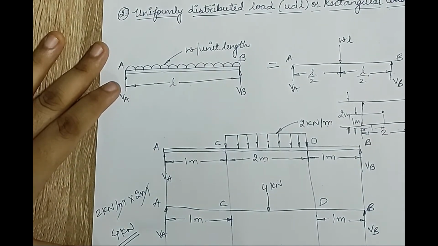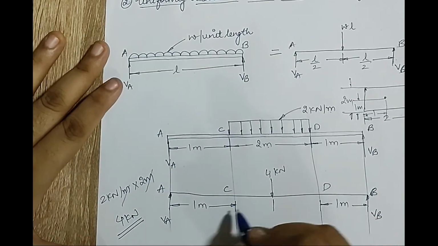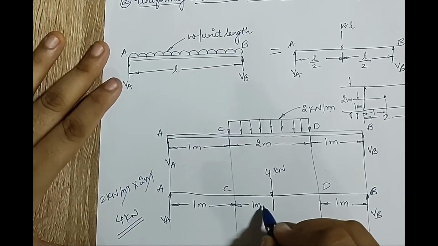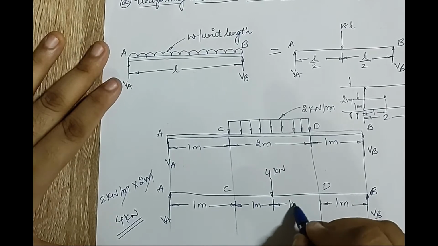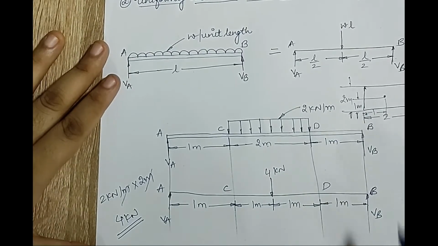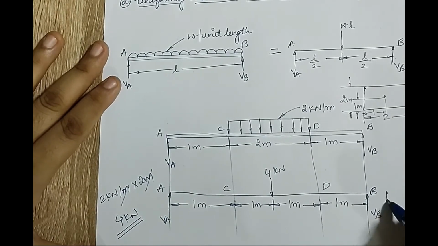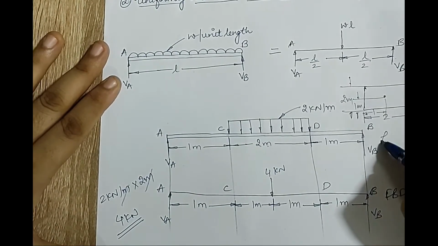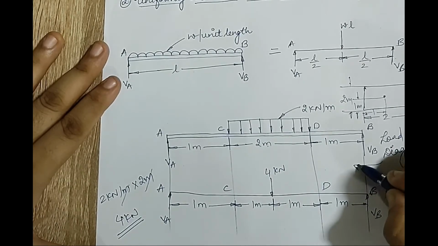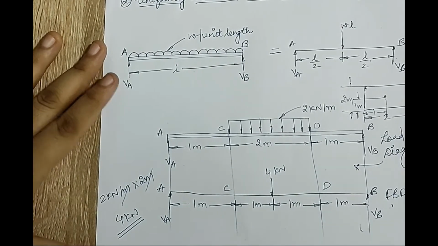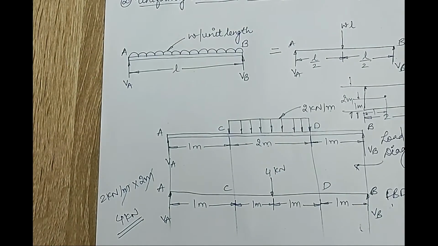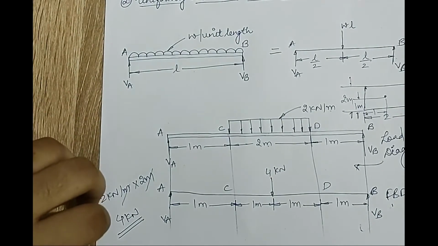This will be exerted at half, which is 1 meter distance from both the ends. So this is how a UDL is supposed to be resolved. This is a FBD of this load diagram. What was given to me was the load diagram, and this is the FBD that I have drawn. FBD is free body diagram.